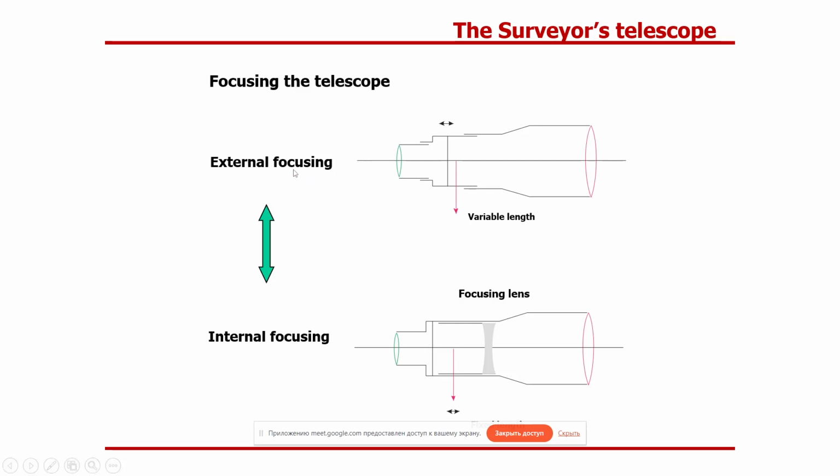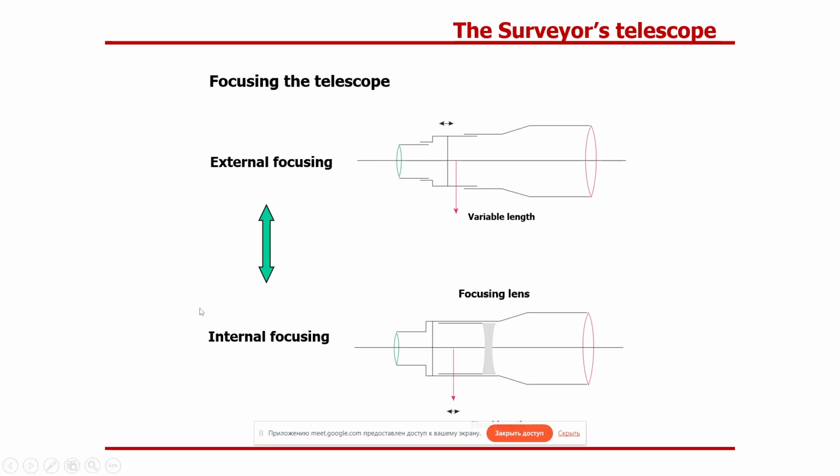telescope tubes with external focusing. It means that the telescope has variable length. While changing the length of the telescope, we can establish the image of the territory to put this image in focus.